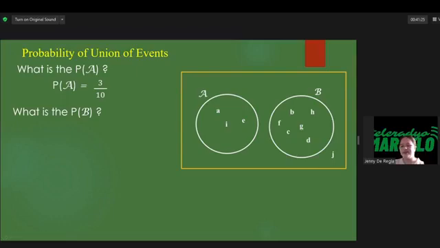Next, what is the probability of an event B? The probability of an event B is equal to 6/10. We have B, H, F, G, C, D. So we have 2, 4, 6 letters out of 10.